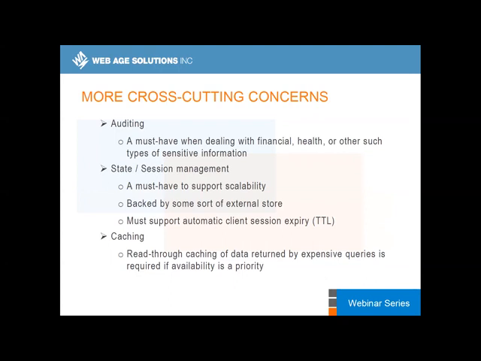So caching generally, as you see, is sort of a segue from state session management into caching. Caching would help you a long way. It just goes a long way. Read-through caching, particularly if you start moving your solutions into the cloud, where things all of a sudden become viewed differently. You have to pay for lots of things. You hit a backend system and they'll charge you for that.